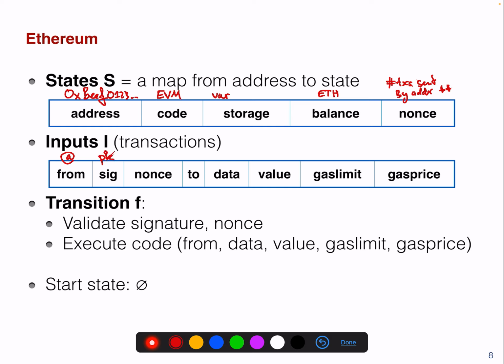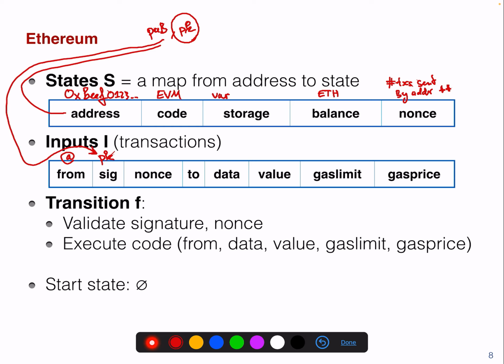So an address is basically a public key, which is derived from a private key, right? And in order to spend coins, you need to know the private key. And here, this is where the private key produces a signature for this particular transaction. So nonce you can think of as an incremental number that's incremented by 1 each time you perform a transaction.